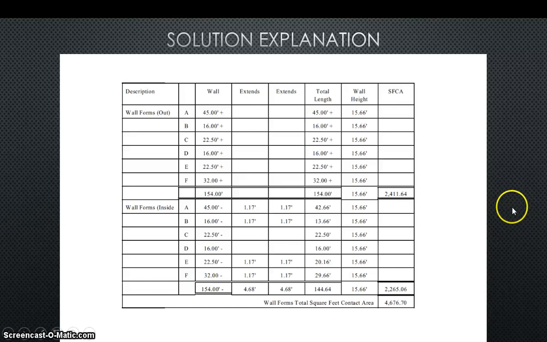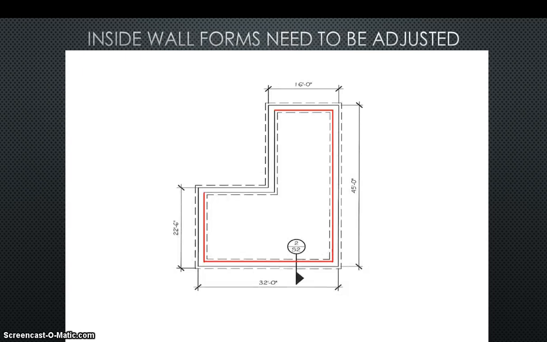Now our inside wall forms is a bit different. Now recall back to this side, our 45-foot wall, our 16-foot wall, our 22.5-foot wall, and our 32-foot wall all need to be subtracted. The width of the wall needs to be subtracted twice. I'll go back to this slide and show again.